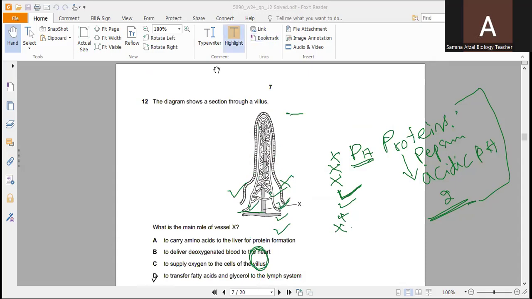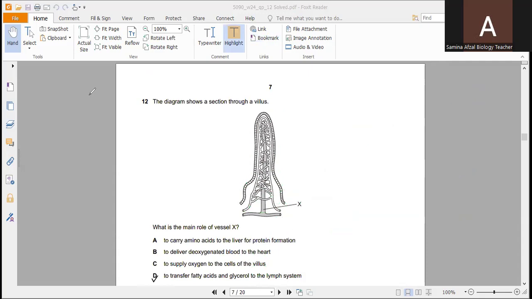Next question is, the diagram shows a section through a villus. What is the main role of the vessel X? First of all, to carry amino acids to the liver for protein formation.